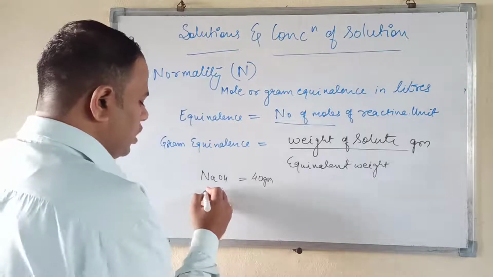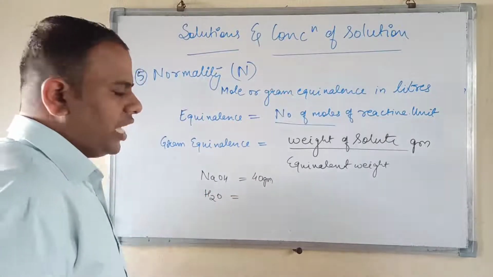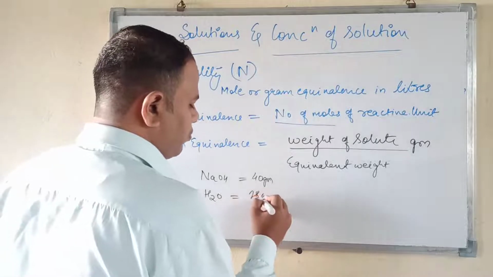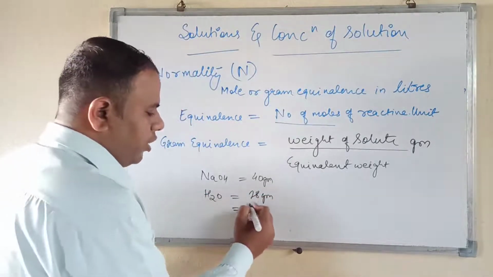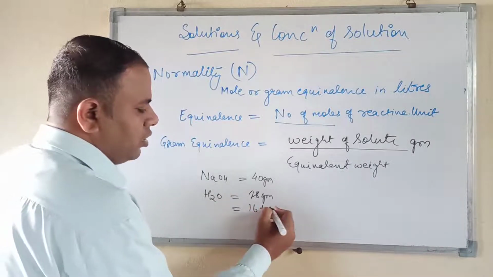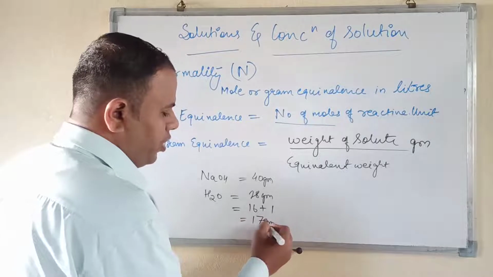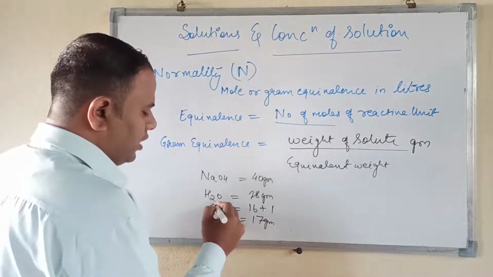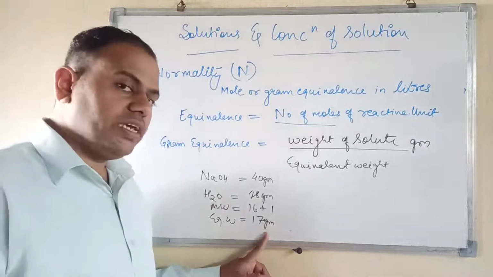Suppose I have to calculate for water. The molecular mass of water is actually 18 grams. But if you have to calculate the equivalent weight, it will be 16 for oxygen plus 1 for hydrogen, so it will be 17 grams. So this is molecular weight, and this is equivalent weight. The equivalent weight for water is 17 grams.